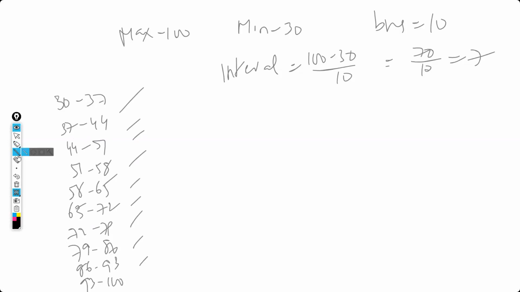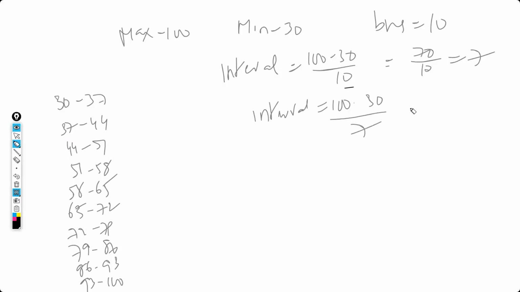If you write number of bins is equal to 10, you are going to get 10 bins. If you write 7, then what happens? The interval size is going to be considered accordingly. If you write the number of bins is equal to 7, what is the bin size? 10. Size will be 10. So 30 to 40.